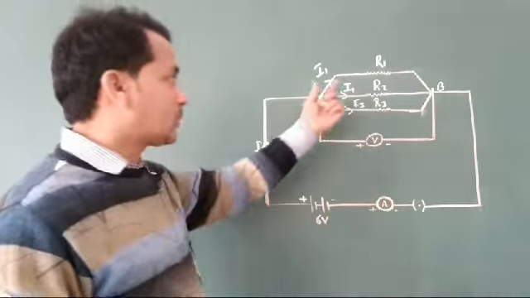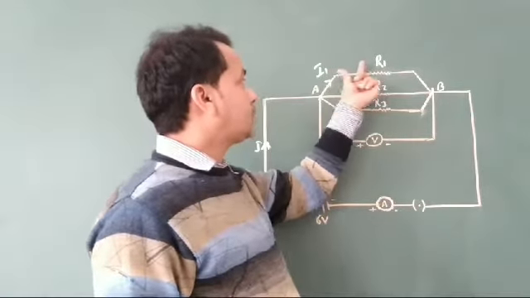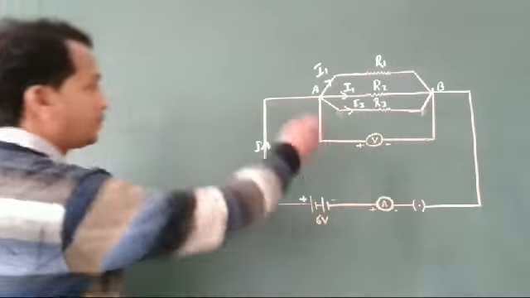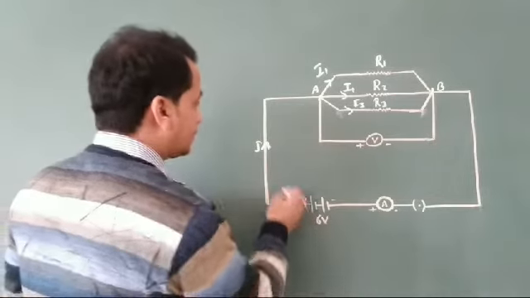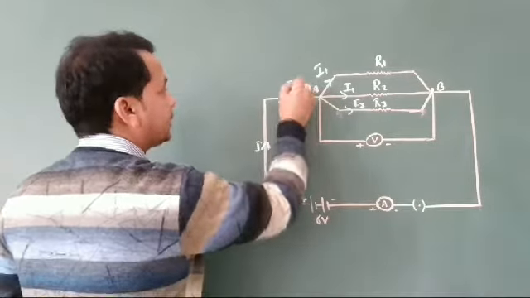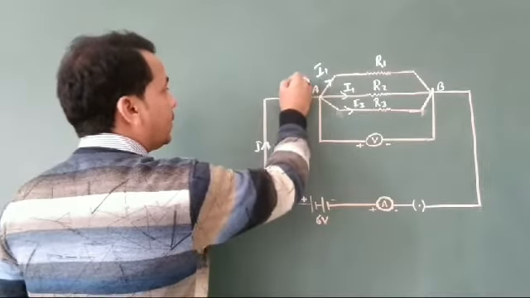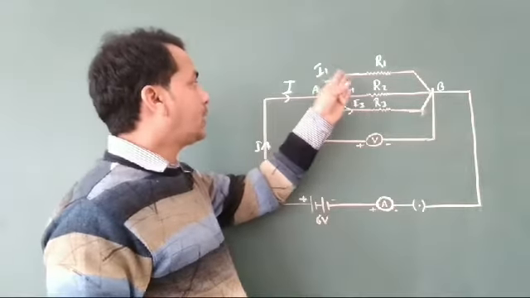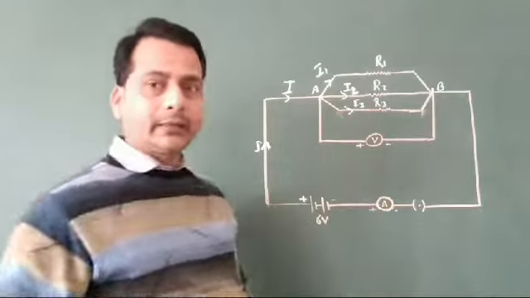According to Ohm's law, the net current or total current I is divided into I1, I2 and I3.